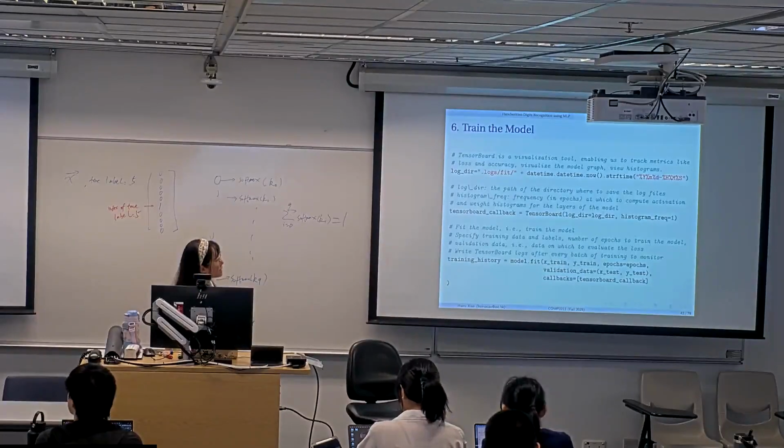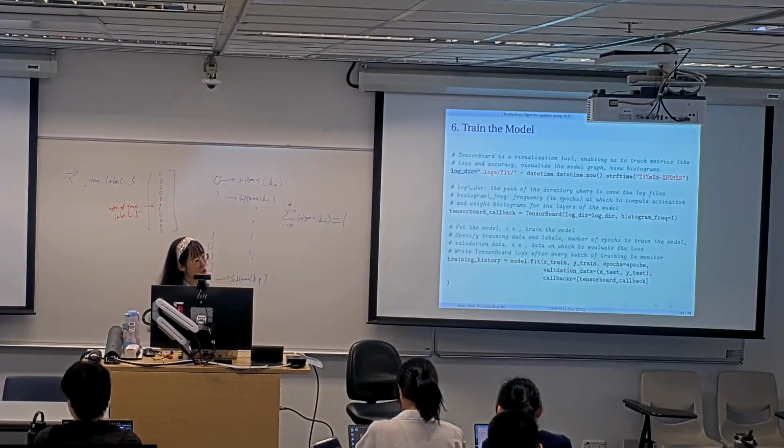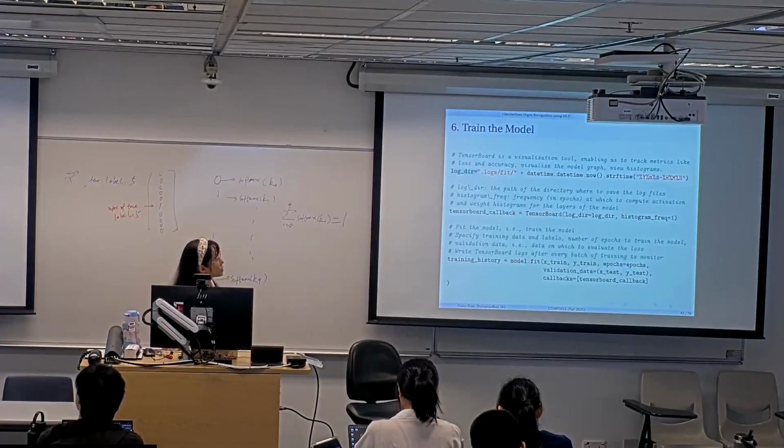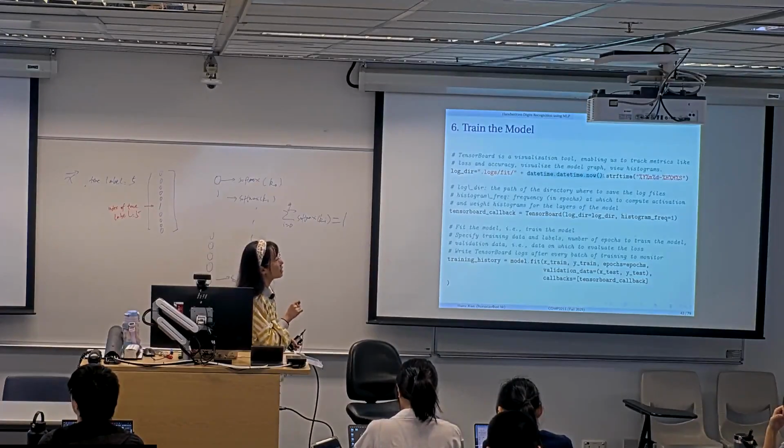So first create the logdir. Because possibly you will train your model multiple times, you don't want to overwrite your previous training history, so you can add a timestamp by using datetime. Usually it's just calling the current time, datetime.now.